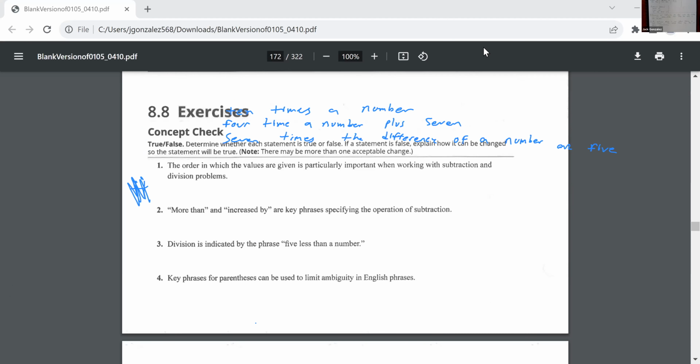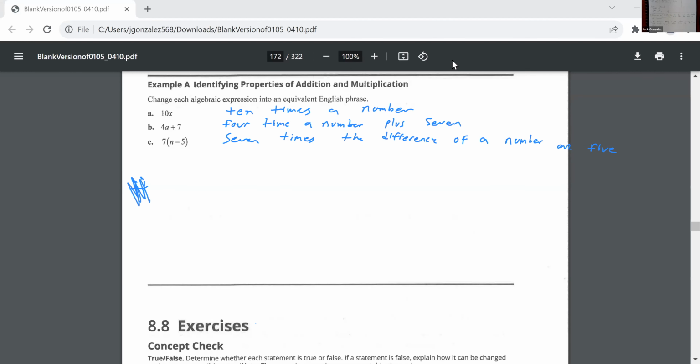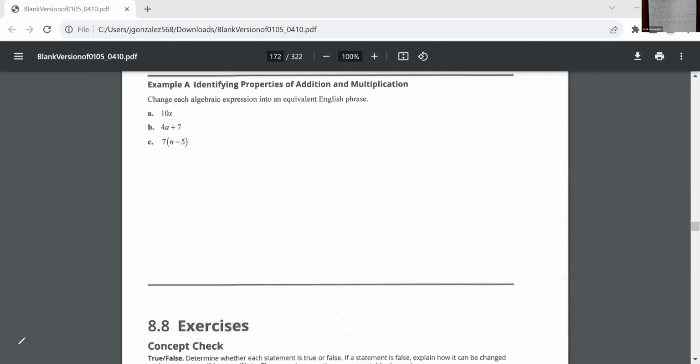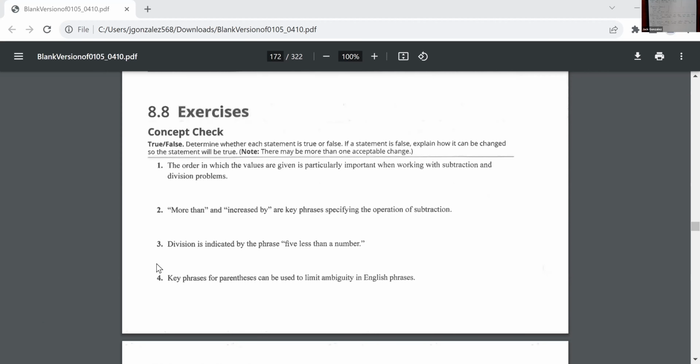Let's go the other direction. Decide whether the statement is true or false.